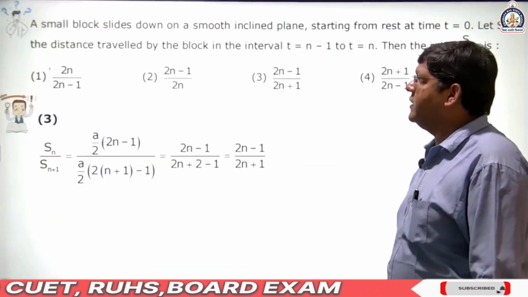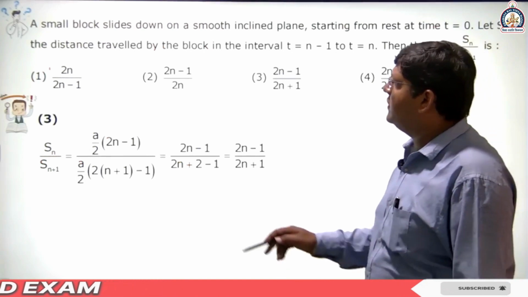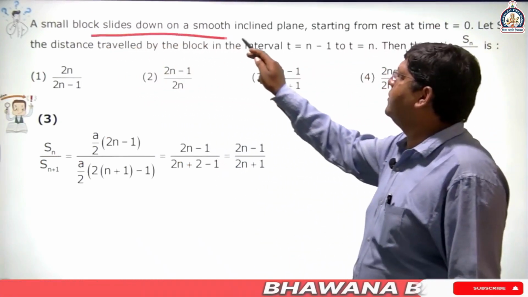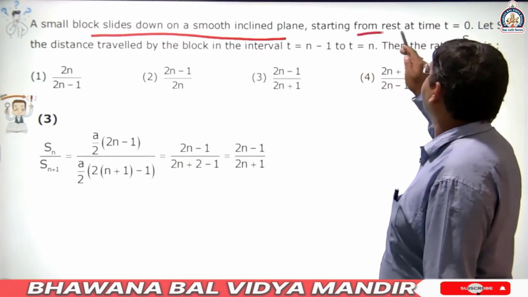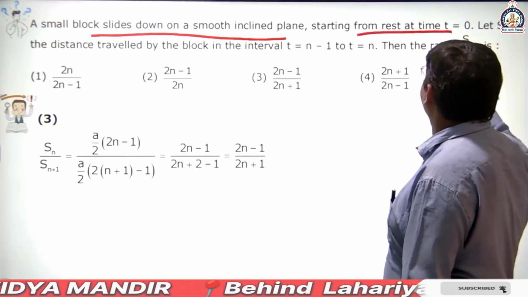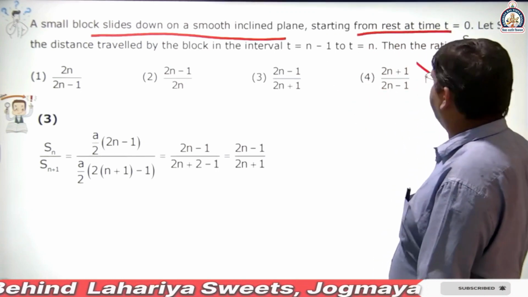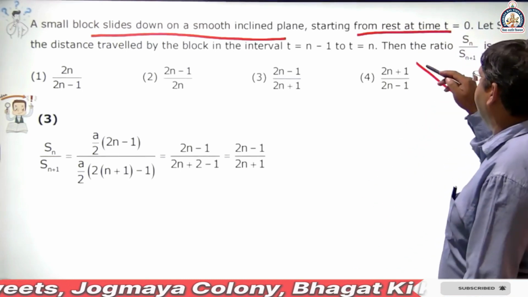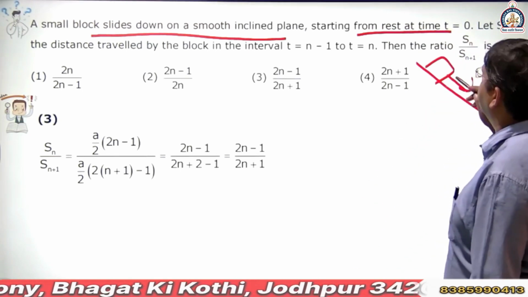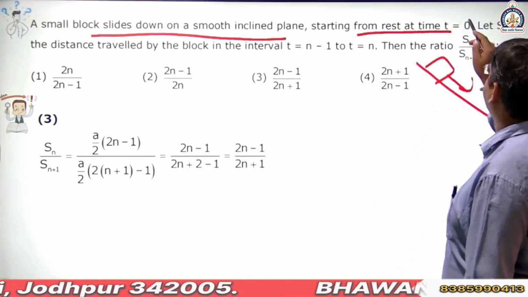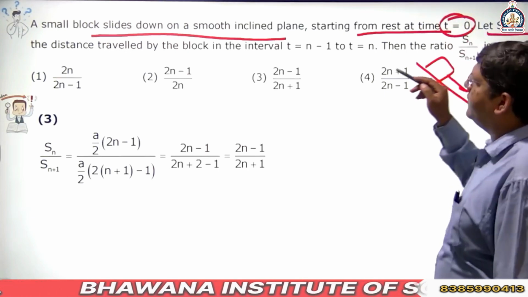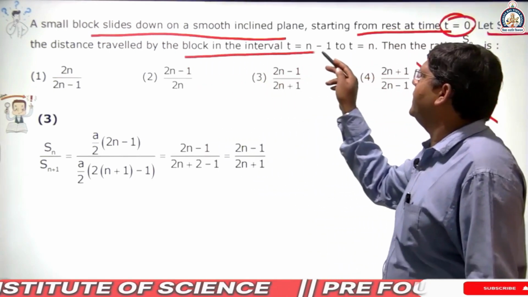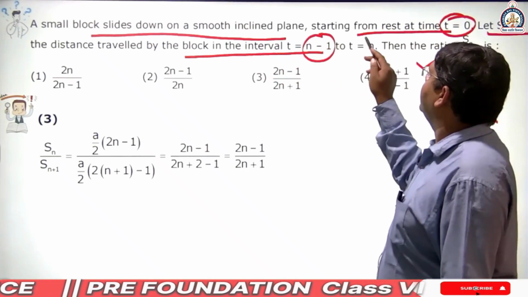Moving to the next part. The next question says a small block slides down a smooth inclined plane starting from rest at t equal to 0. The block is sliding down the slope, and its initial position is at t equal to 0. Let Sn be the distance traveled by the block in the interval n minus 1 to n.